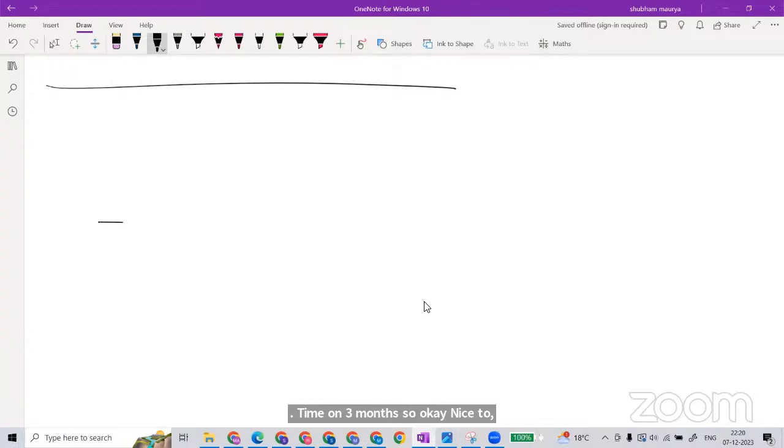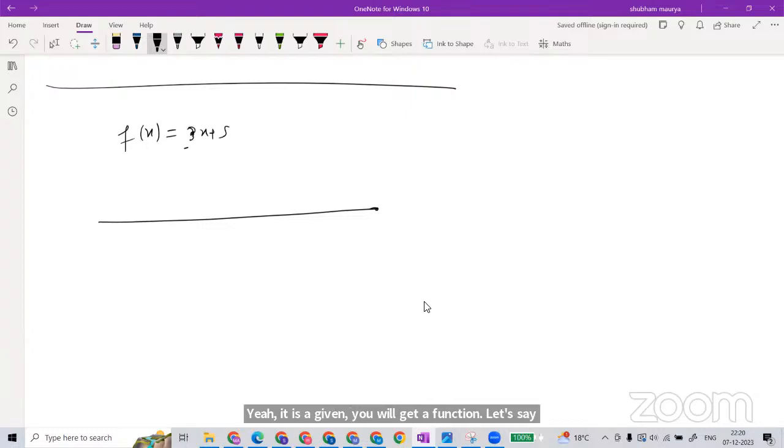You'll be given a function. Let's say you have the function 3x plus 5, and the problem is to find the Riemann sum of this one in the interval 1 to 5.